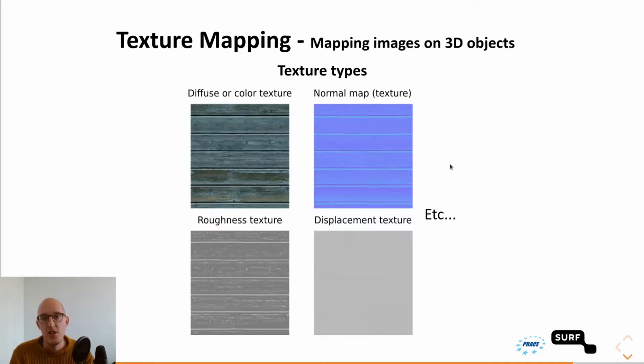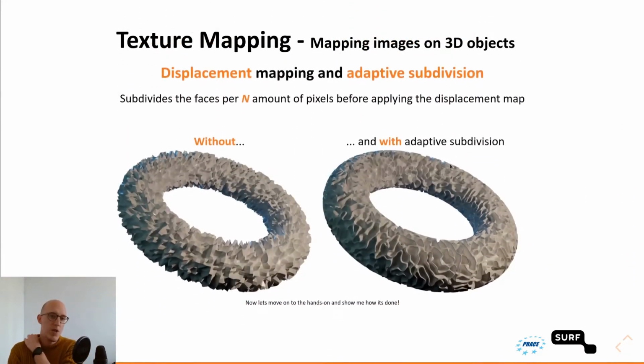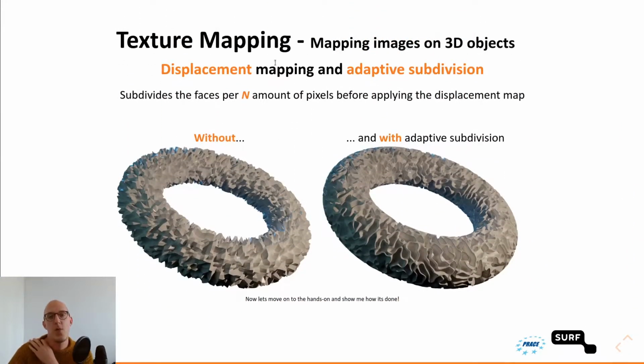But there is a solution for that, and that's called adaptive subdivision, which is an experimental feature of Blender. And what you do then is use the displacement mapping on an adaptive subdivision. And what adaptive subdivision does is it subdivides each face per n amount of pixels before applying the displacement map.